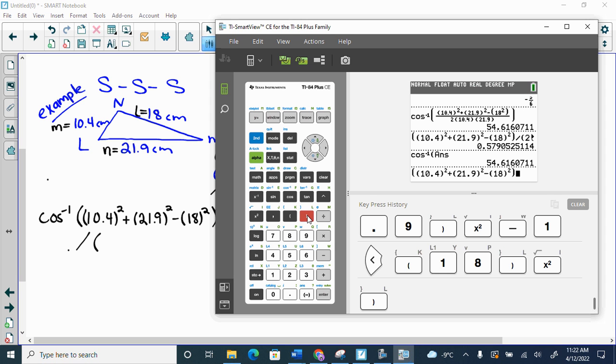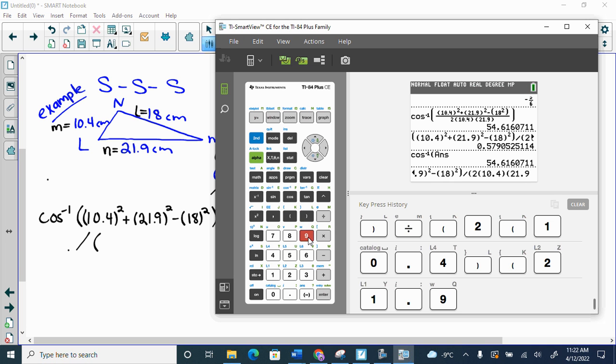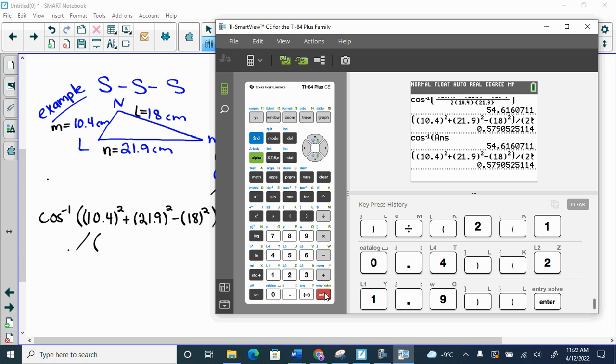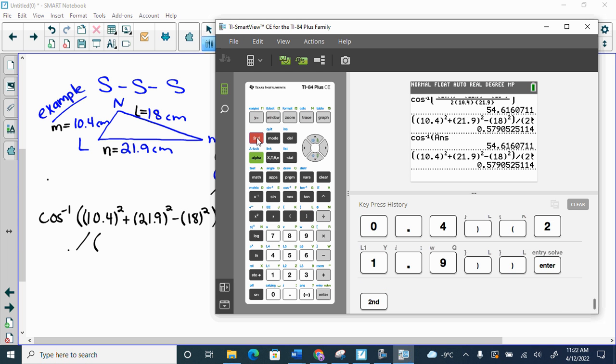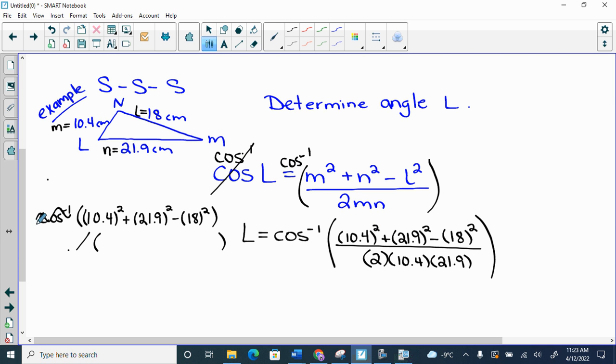Then divided by open bracket, the bottom: 2 bracket 10.4 close bracket open bracket 21.9 close bracket, and then close it again. Close the denominator, correct? Enter. Then I get a decimal, and then I go second, cos, second, answer, enter. And I get 54. See, I cos at the end. I don't actually add the cos until the very end.